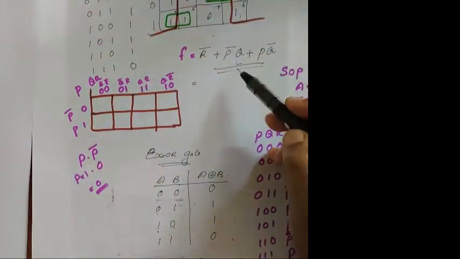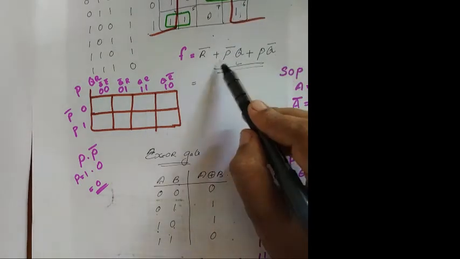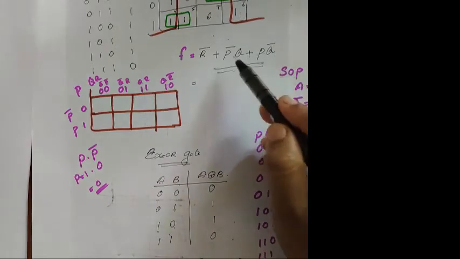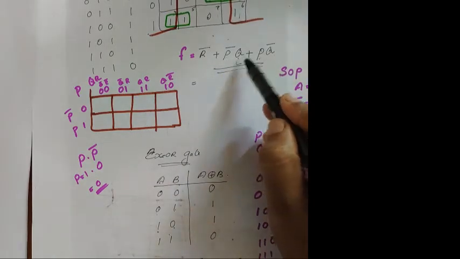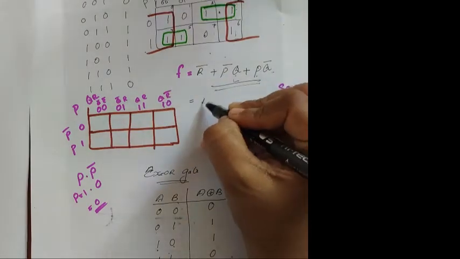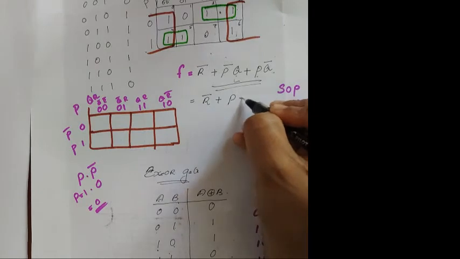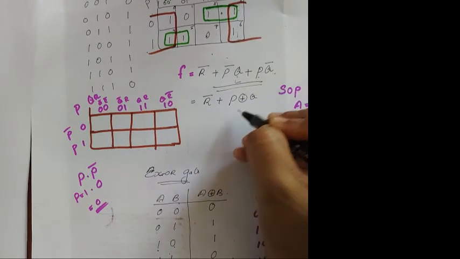A bar B like that, P bar Q plus P Q bar. If you're getting an expression like this, opposite terms are coming, P bar and P, Q and Q bar, then you can write this expression as R bar plus P XOR Q. It can be reduced.